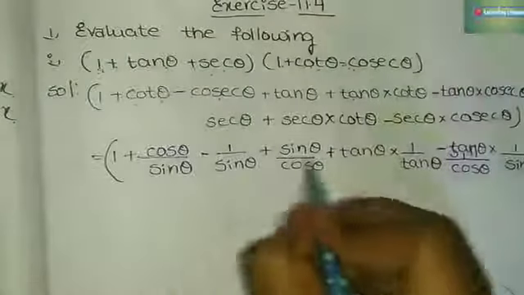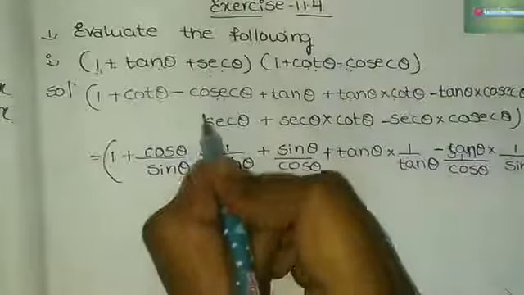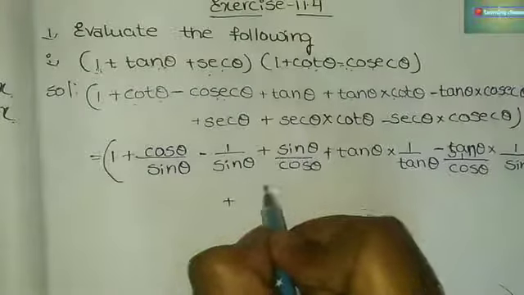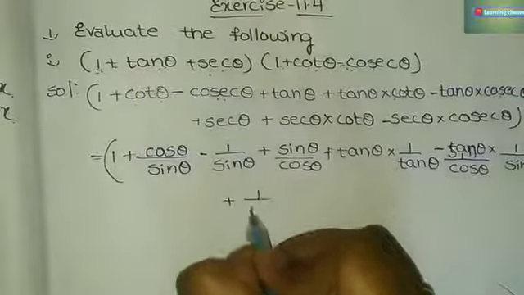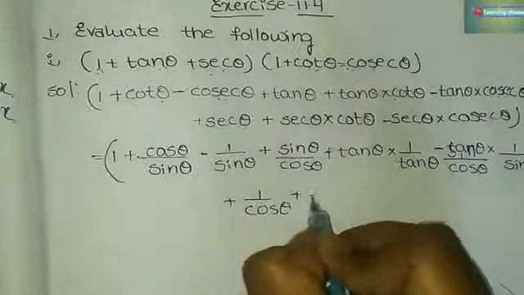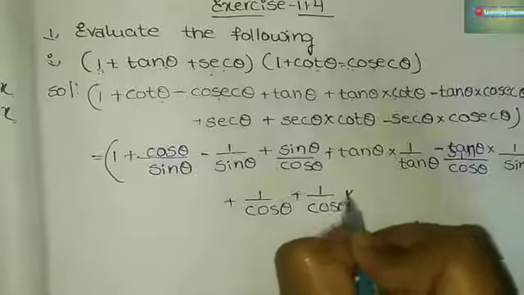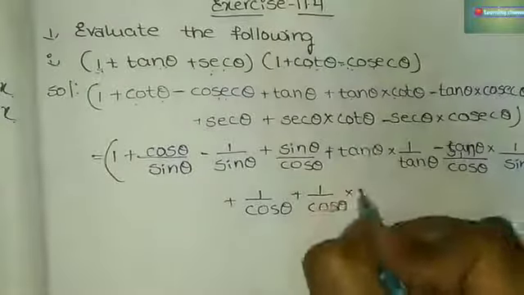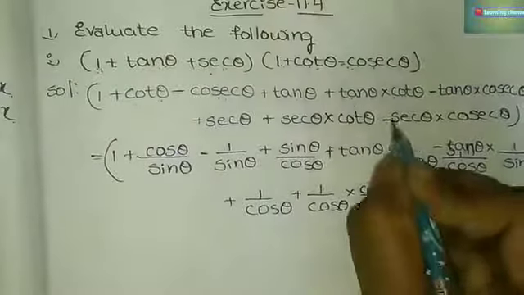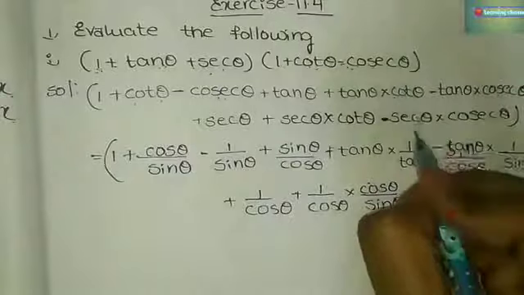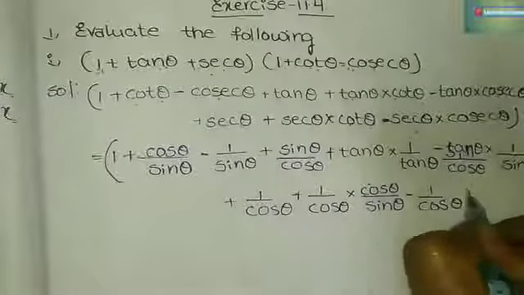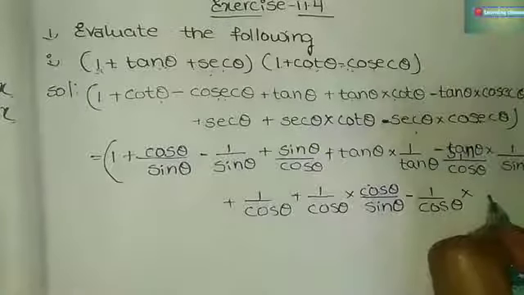Third one, here we have plus secant theta, which is 1 by cos theta, plus secant theta, 1 by cos theta, into cot theta, which is cos theta by sin theta, and minus secant theta, 1 by cos theta, into cosecant theta, 1 by sin theta.